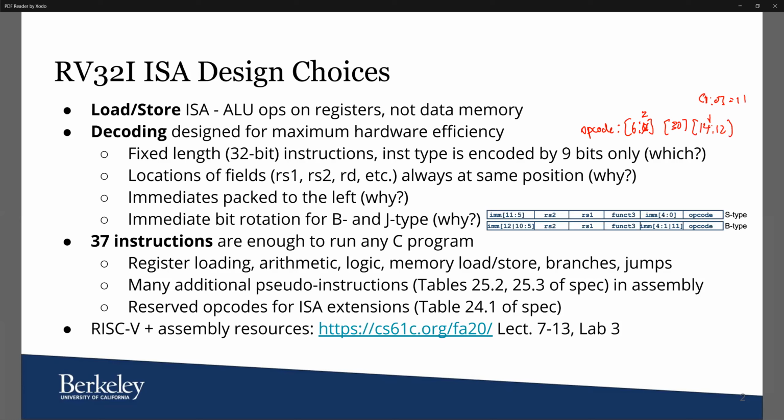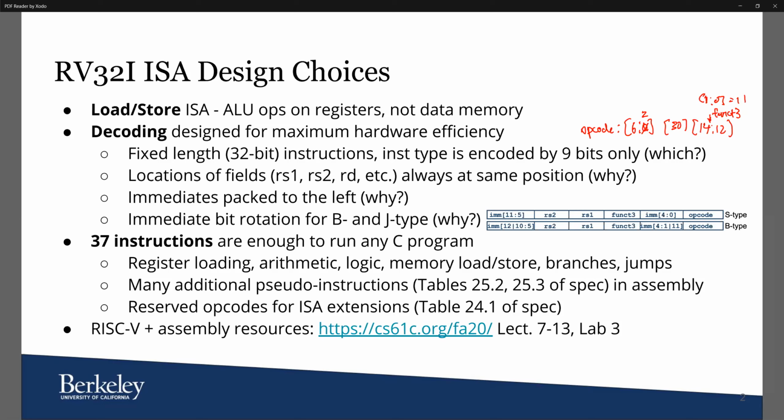I believe this is funct3. So with the combination of these 9 bits, you are able to encode the intention for every single instruction in RV32I. So really, this ISA, in this particular base set, is really just a 9-bit instruction set. And then all the other bits are encoding the data, such as the registers and the immediates.